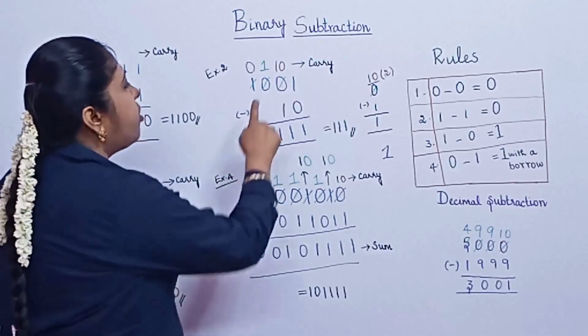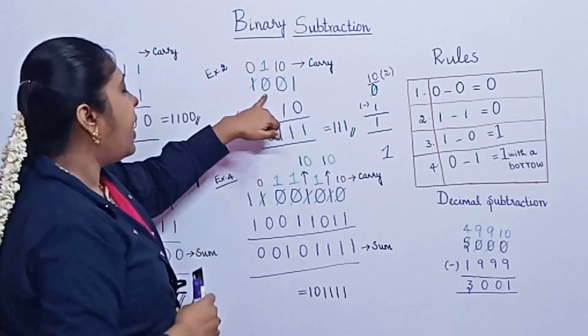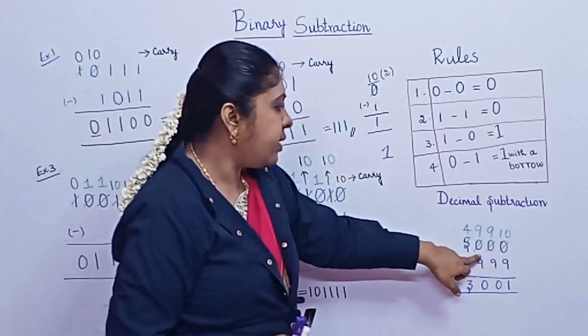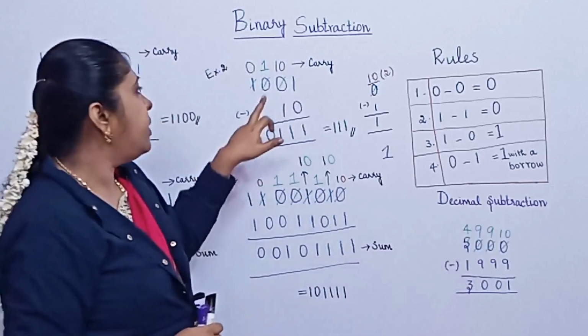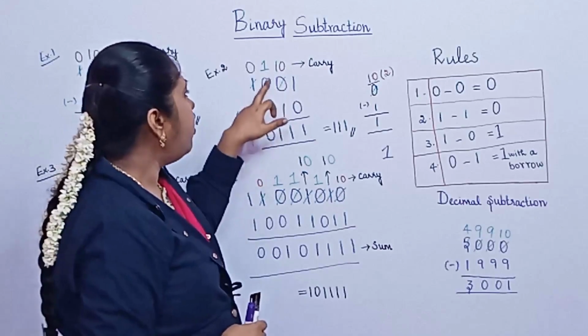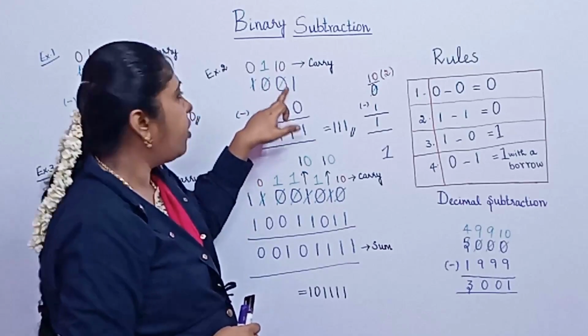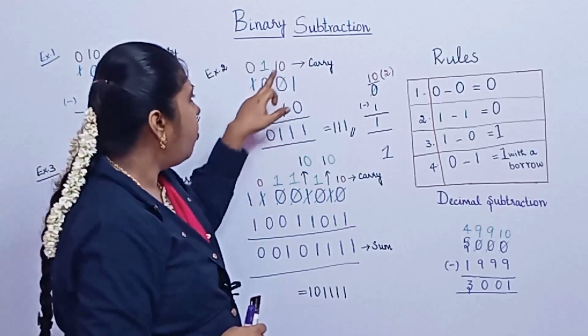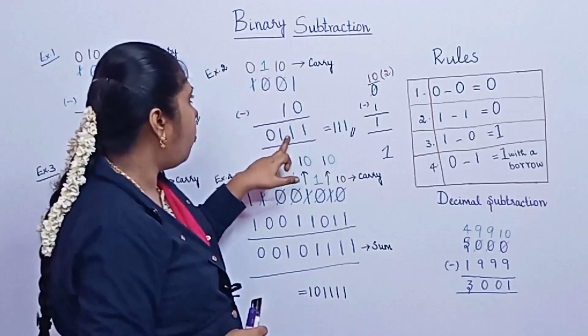Then what happens to the passing 0? This 0 has nothing to do with it. As in decimal subtraction, where the passing zero turns to 9, here in binary subtraction this passing 0 turns to 1. So this borrowing 0 turns to 10. 10's value is 2, 2 minus 1, 1.